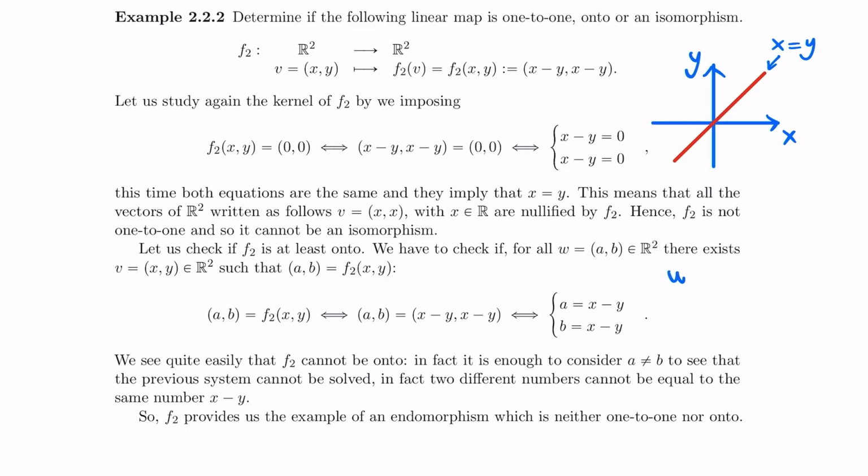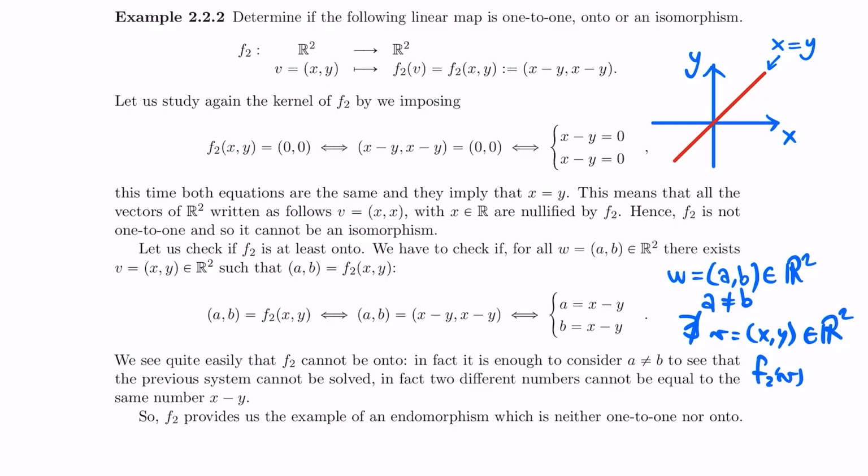This means that when we have a vector w written like this with a different than b, it is impossible to find a vector v written as x and y in R2 such that F2 applied to v gives rise to w, and so F2 is not an onto linear map.